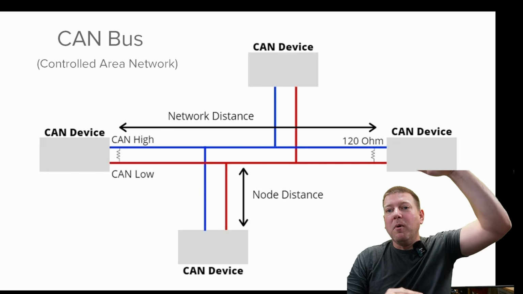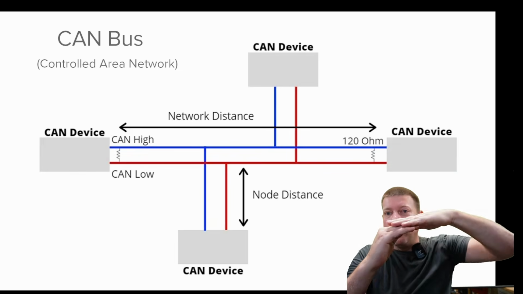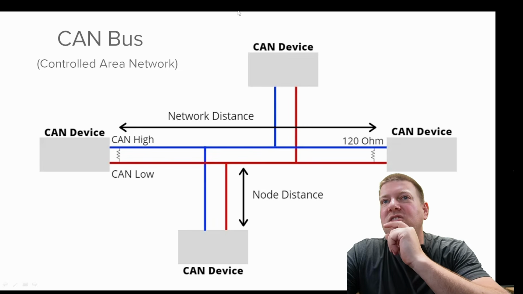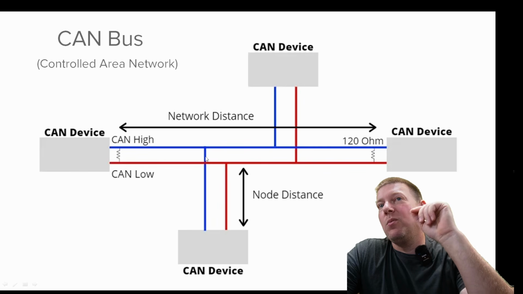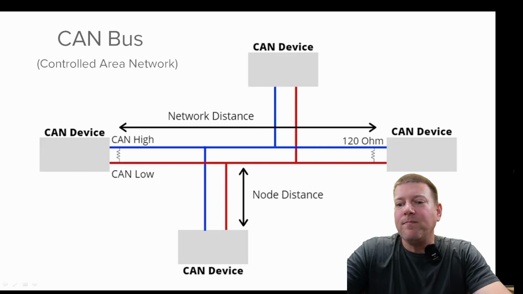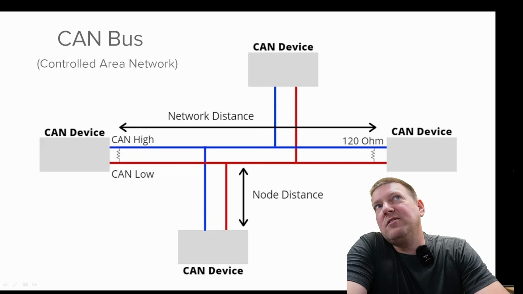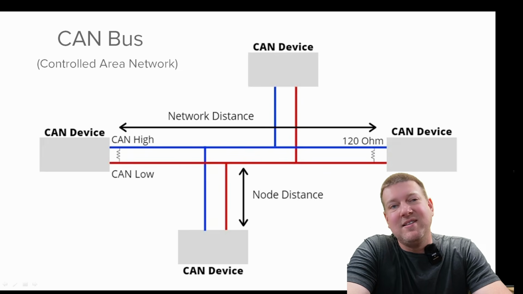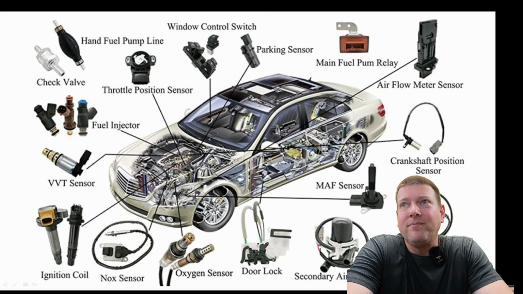Notice both of them are moving. It's not one moving up and down. We'll see that in just a moment. But so we have a high line, low line, and that creates some security and also some safety when it comes to noise, believe it or not, which is why CAN is used in cars.